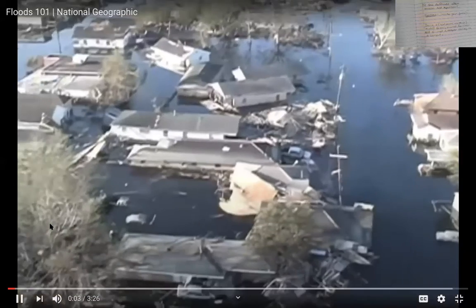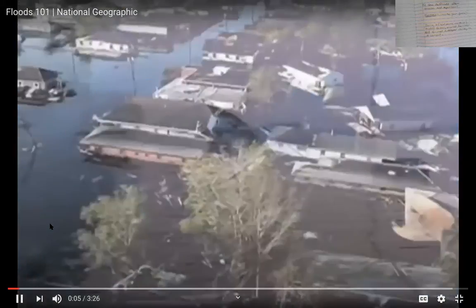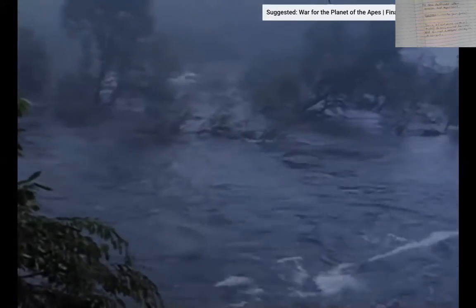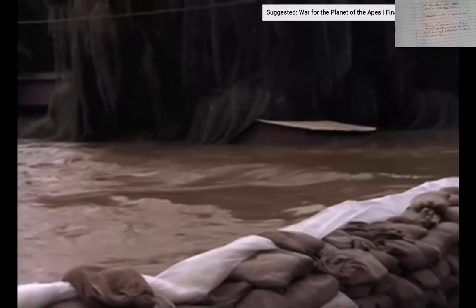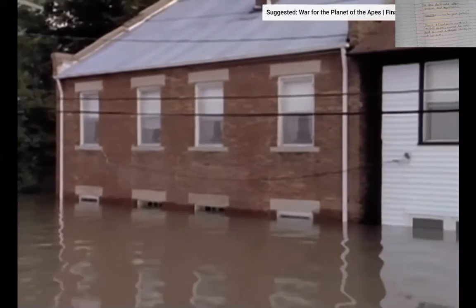Over the past 100 years, no other natural disaster in the U.S. has caused more death and destruction than floods. They can happen any place, any day, any time.